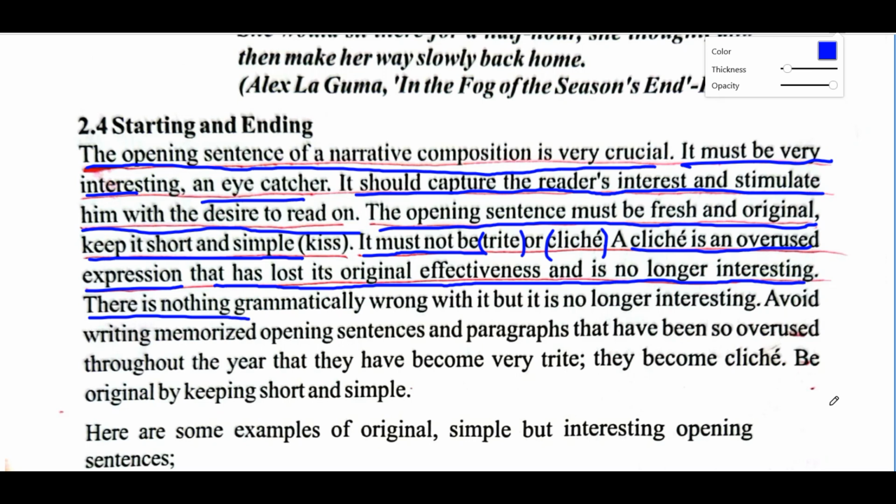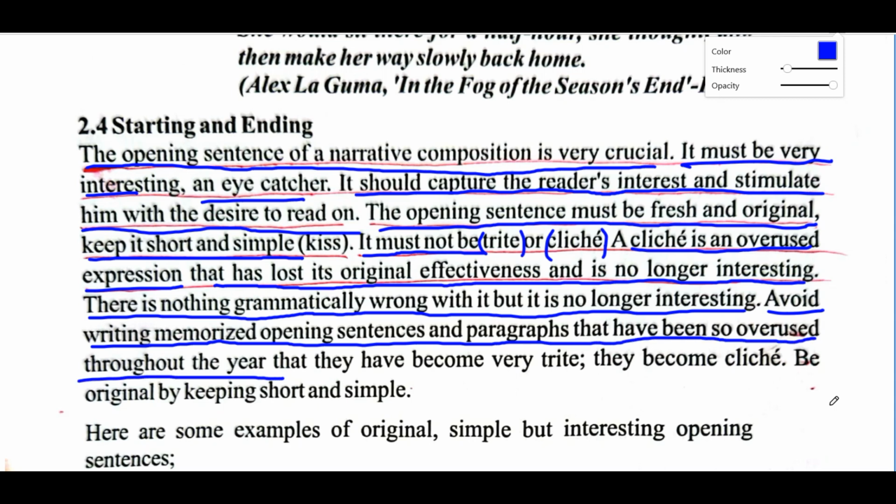There is nothing grammatically wrong with it, but it is no longer interesting. Avoid writing memorized opening sentences and paragraphs that have been so overused throughout the years that they have become trite, they have become cliche.